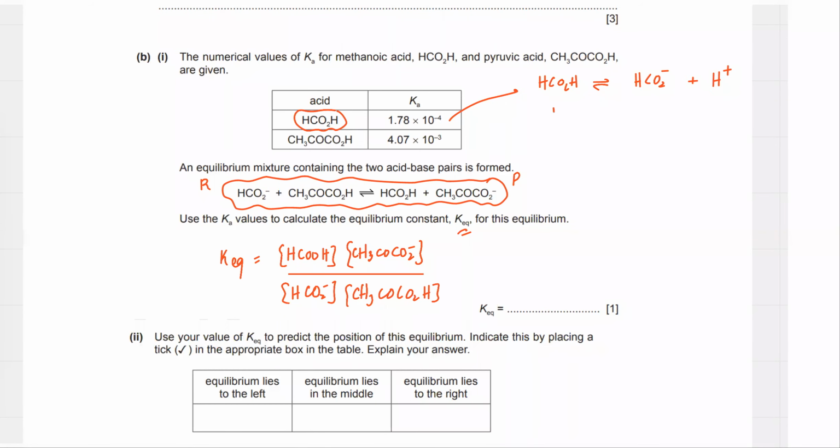I'm going to call this Ka1. It's product concentration over reactant concentration: HCO2 minus 1 concentration times H plus concentration, divided by the HCO2H concentration. So that is one expression I've gotten for Ka1. Is this clear?